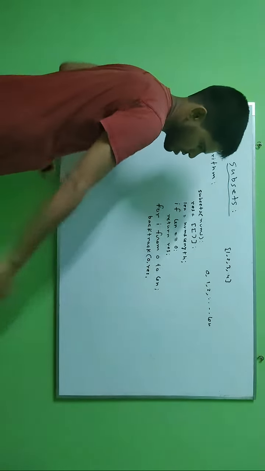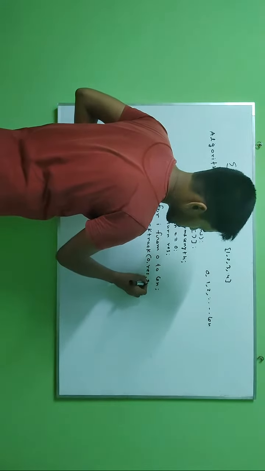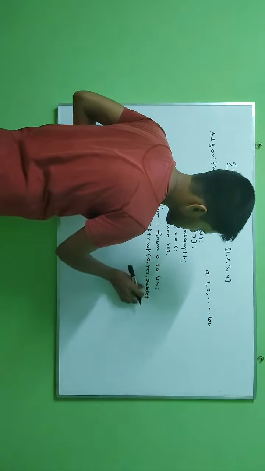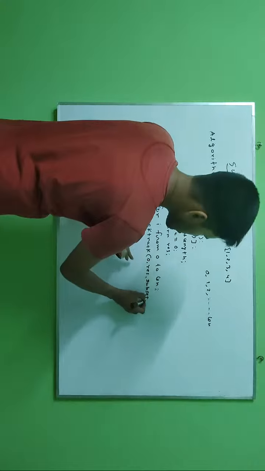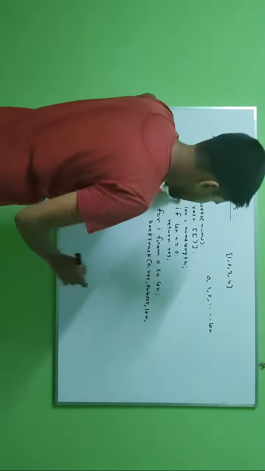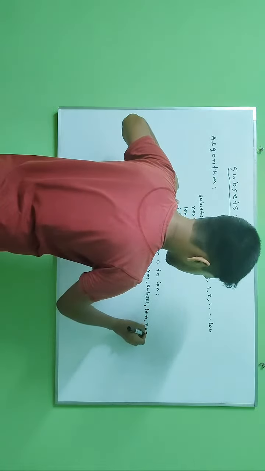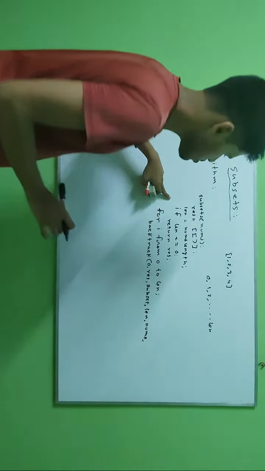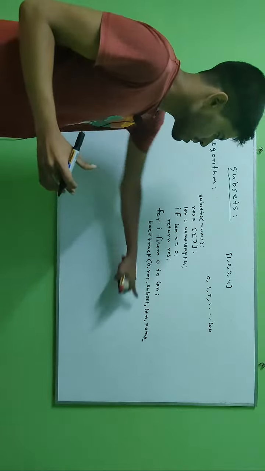So for the sake of understanding, we're just saying subset. This is a list. Now here we're going to send the length as well, and the nums array. And also we want to send the length.